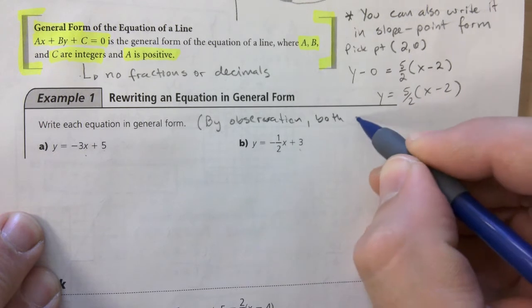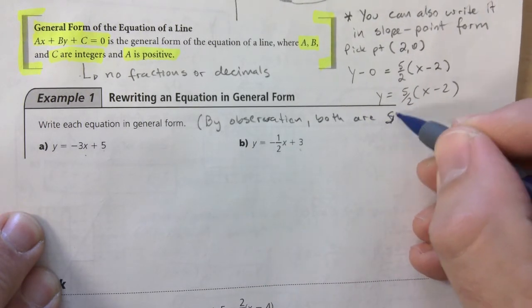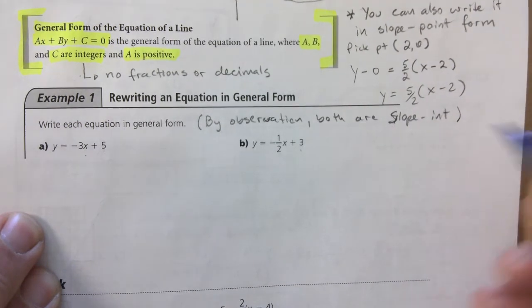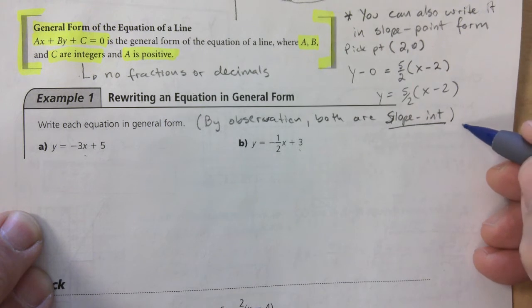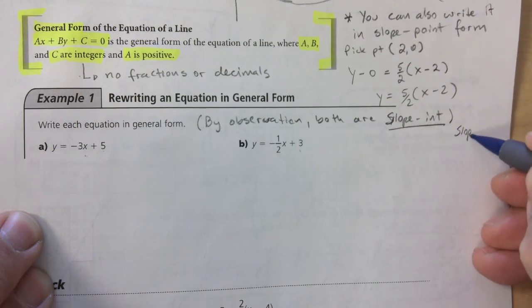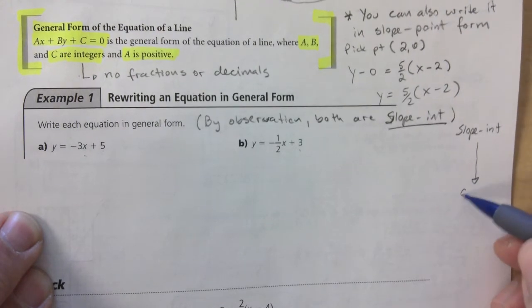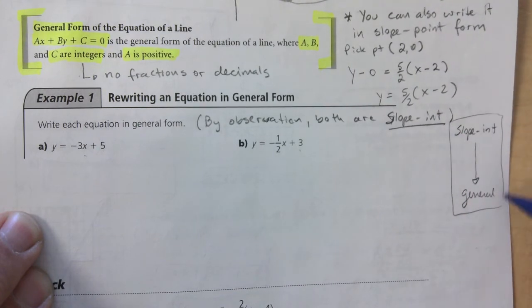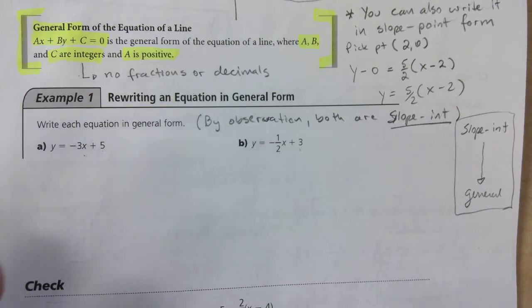Both are slope intercept, both of these that we're asked to rewrite. So we're going from slope intercept to general. That's what's happening here. That's what this line is for.